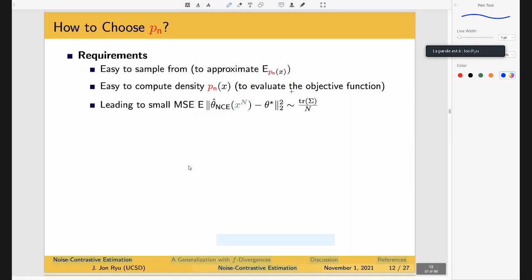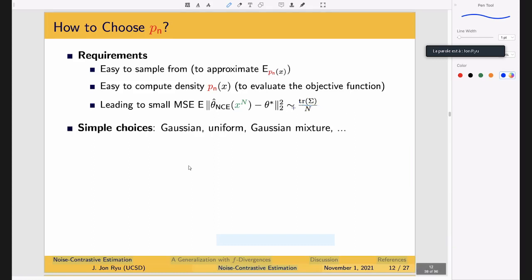And based on the previous slide, we also expect that it leads to small MSE, in the sense of the trace of sigma. Sigma is a function of the noise distribution and the data distribution, and we hope that the noise distribution gives a nice shape of this covariance matrix so that this becomes smaller, up to constants for sure.